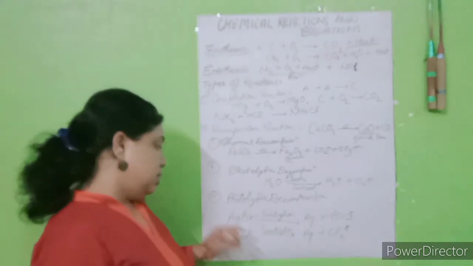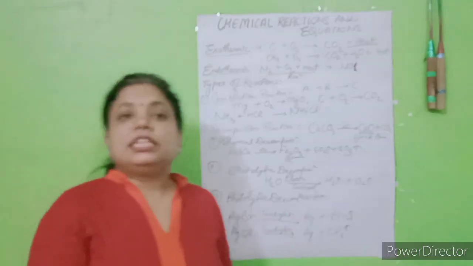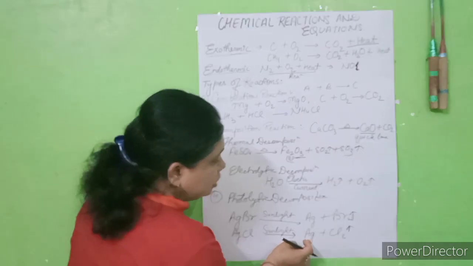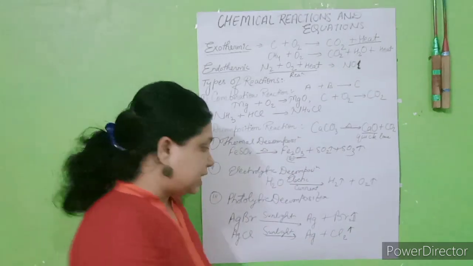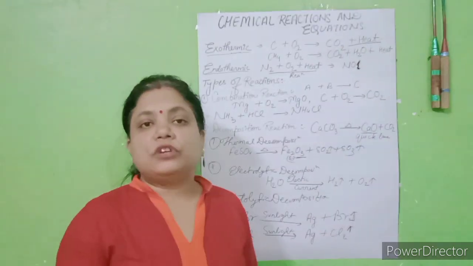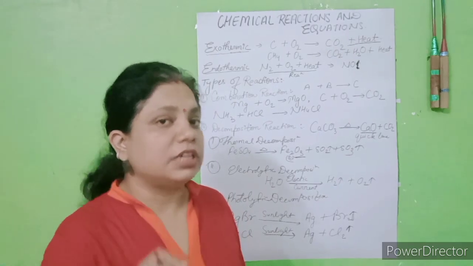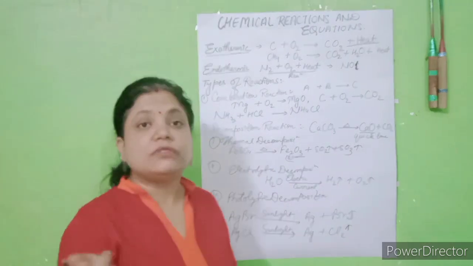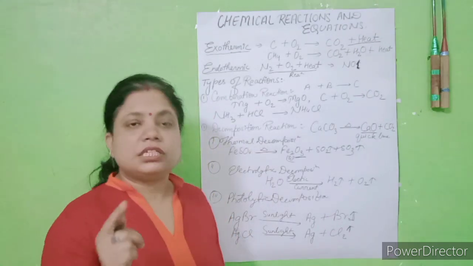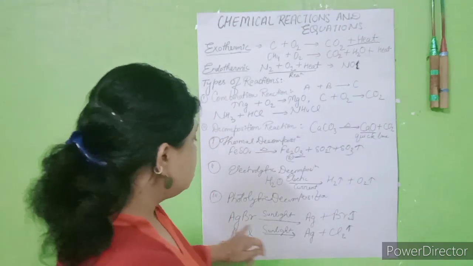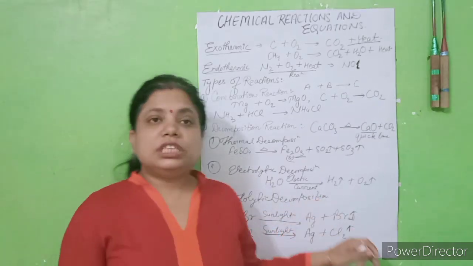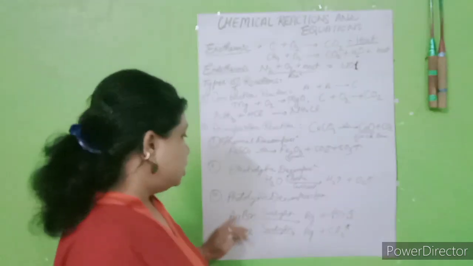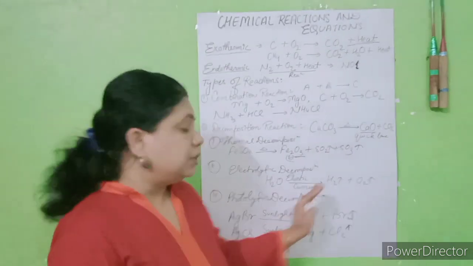Listen, students. Firstly the silver chloride was white in color, but after decomposition it formed a grayish white color. That is silver. The color of the compound changes to a blackish silver color due to the presence of silver metal, right? Here, students, you see that photolytic decomposition occurs in the presence of sunlight, where a compound decomposes and forms other substances.